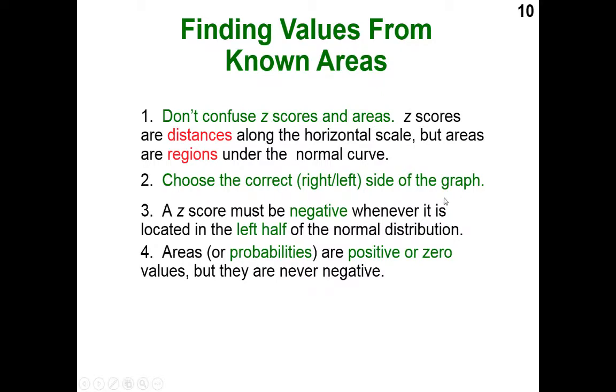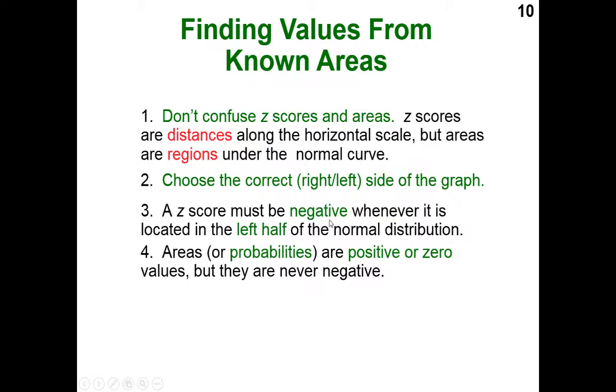And then make sure that you're aware whether we're working to the left or to the right. Depending on which side you're working on, and whether you're going above or below, you have to keep that in mind when working with the results from Excel, because it's always going to give you the probability from the left. So if you're working off of the right side, you're going to have to make sure you subtract from 1 to account for that.